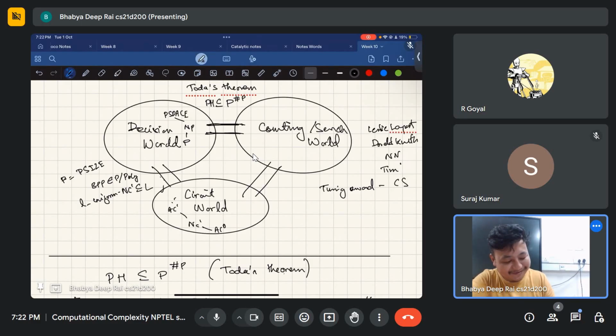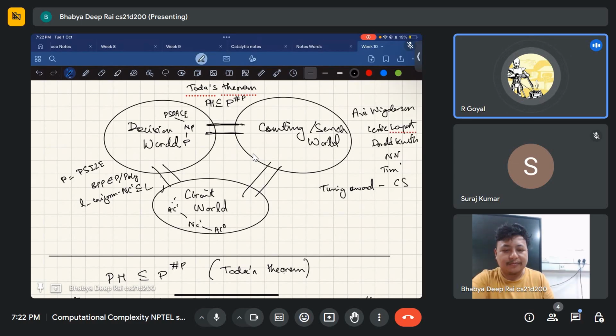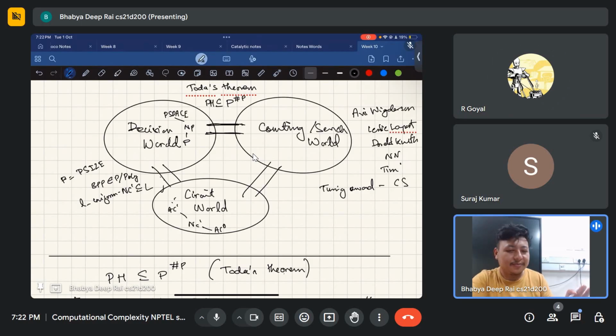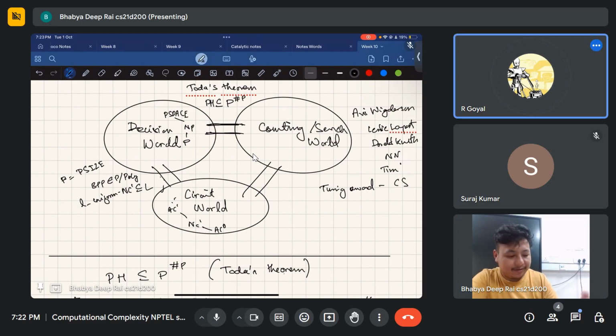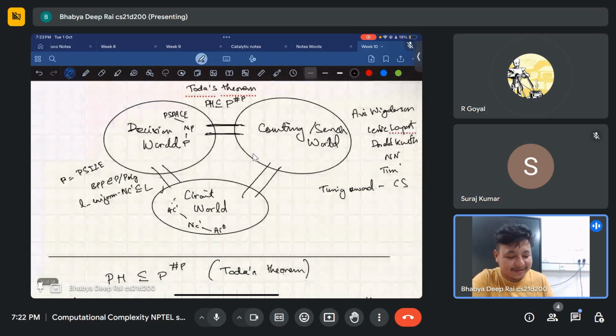And recently, Avi Wigderson, this year. He's not from cryptography but probabilistic proofs. He has done work in probabilistic proofs and communication complexity. He has given important contributions to complexity theory, for pseudorandom generators and so on.